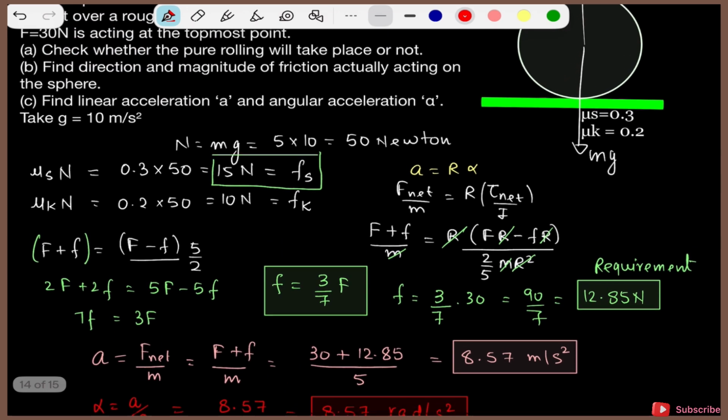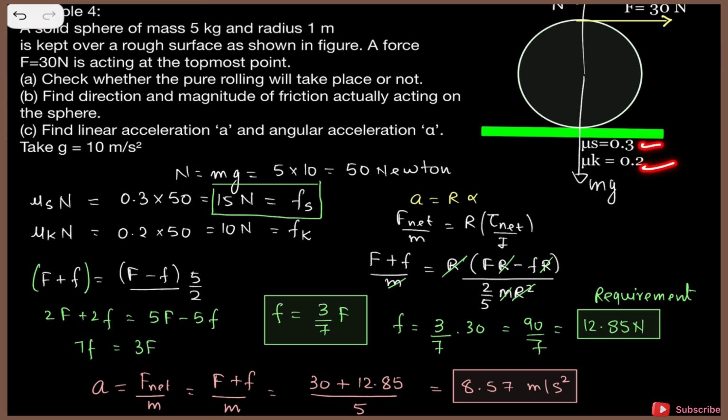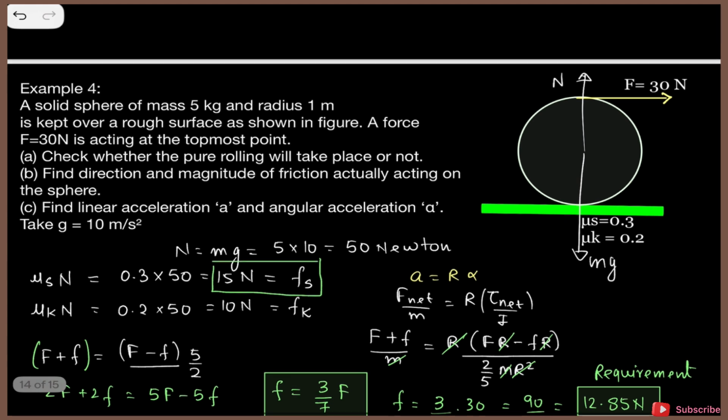Sometimes, guys, please listen, sometimes the coefficient of friction is different, or we have the same situation but the external force acting here is a little bit higher. Then there is a high chance that the pure rolling does not take place.